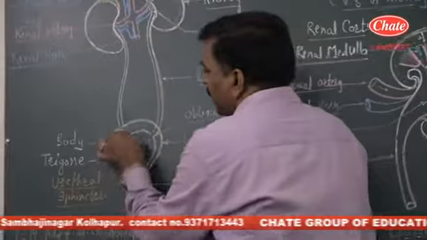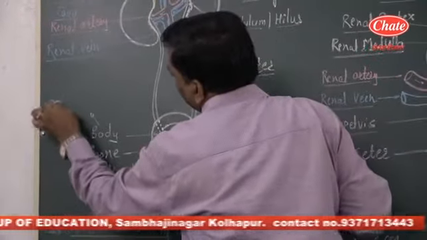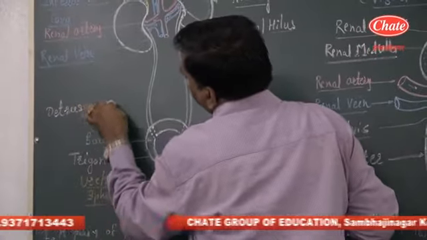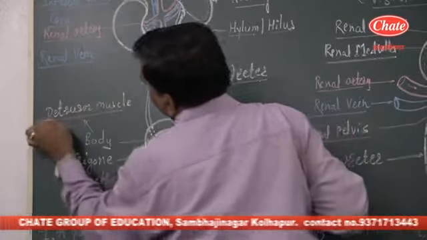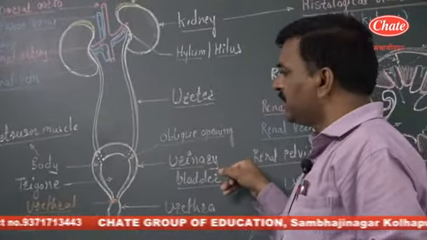The outer peripheral part, the body, consists of a special type of muscles termed detrusor muscles, which bring about the contraction and relaxation during micturition.